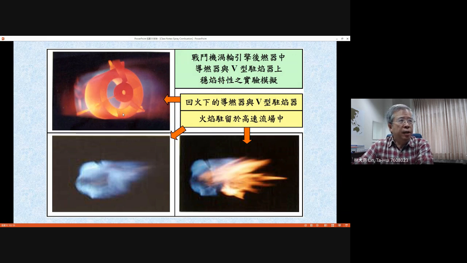You can see there is a fan for supplying swirl to the flow and enhancing the mixing. And in the upstream of the afterburner, there is some fuel supply. In this case, the experiment was performed with propane fuel.